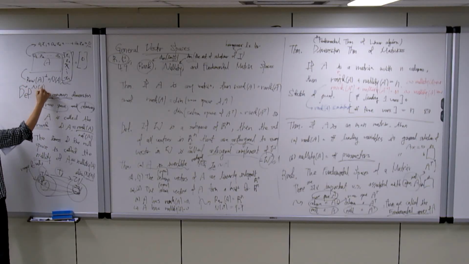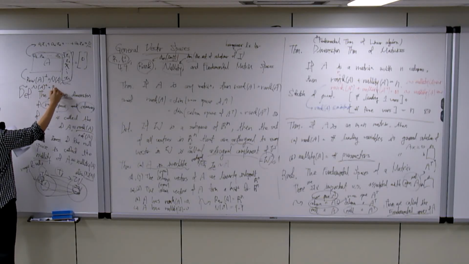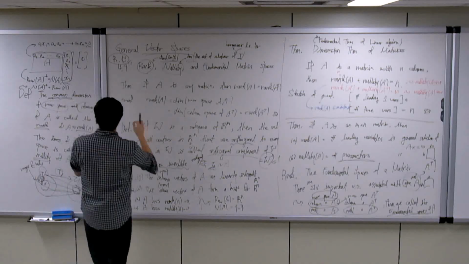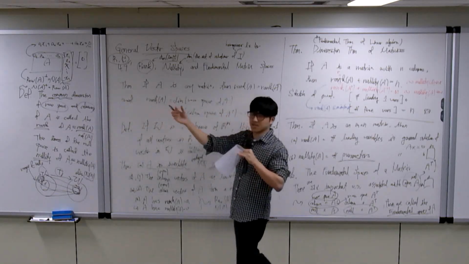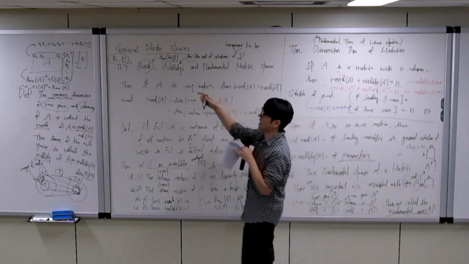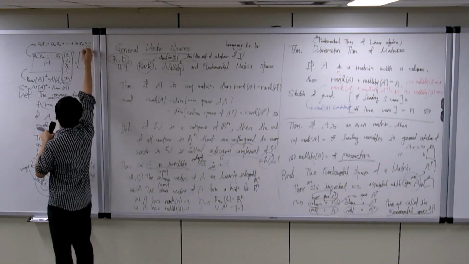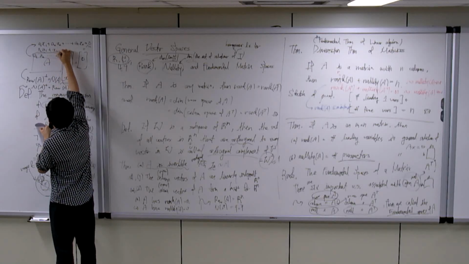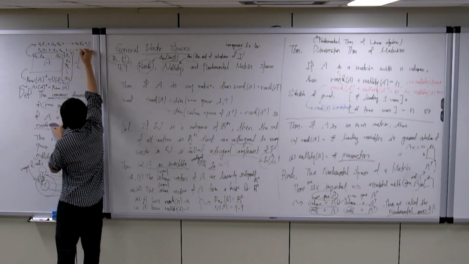The orthogonal space of the null space is the row space, because the dot product has symmetry: when you calculate a1 dot x1, it is the same as x1 dot a1.